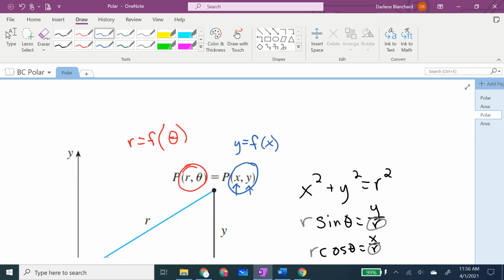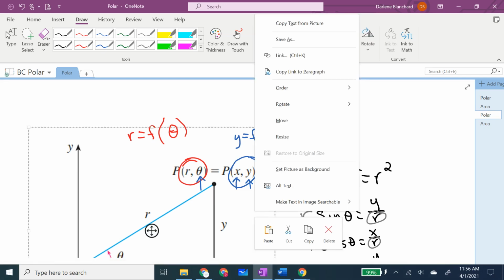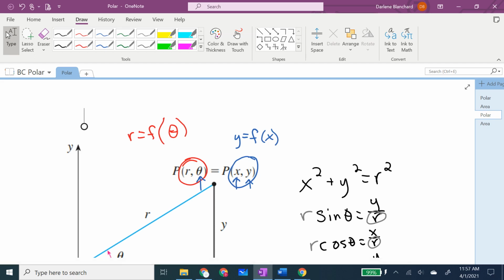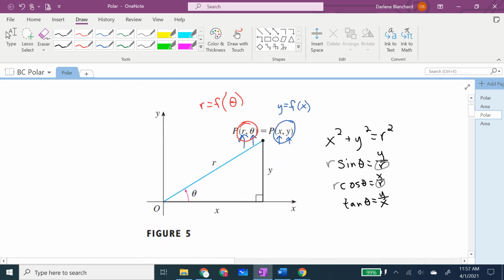So just be aware that the input theta for a polar function is actually written as the second of the ordered pair. The output is, come on screen, there we go, yeah, okay, moving on.